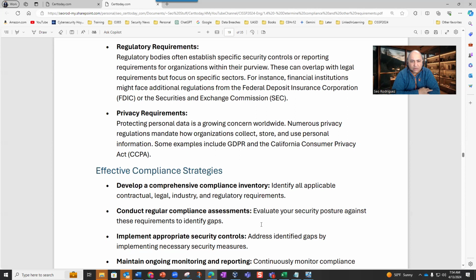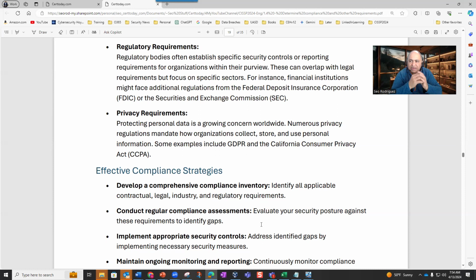Privacy requirements for protecting personal data is a growing concern worldwide. Numerous privacy regulations mandate how organizations collect, store, and use personal information. Some examples, again, include GDPR that we talked about, and the California Consumer Privacy Act, CCPA, in the United States.